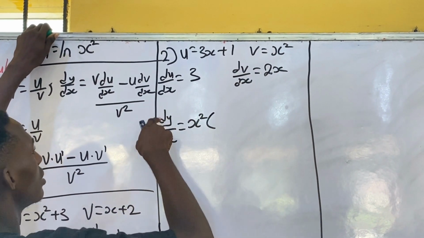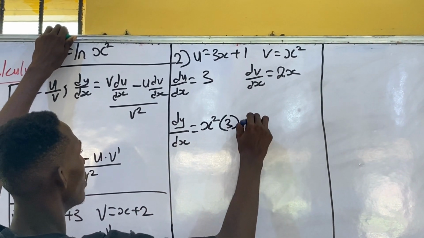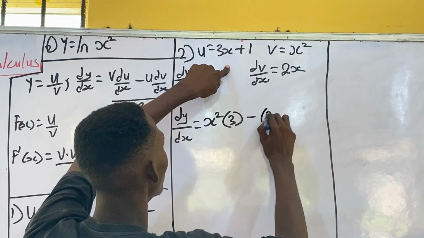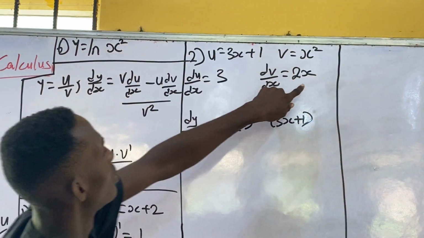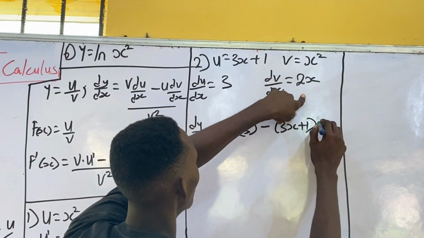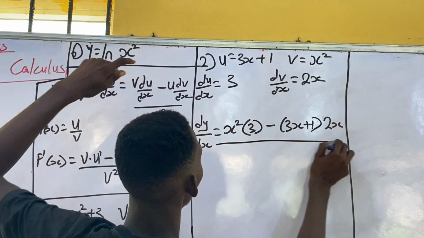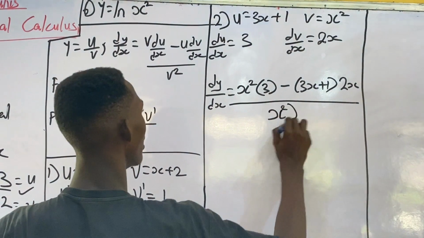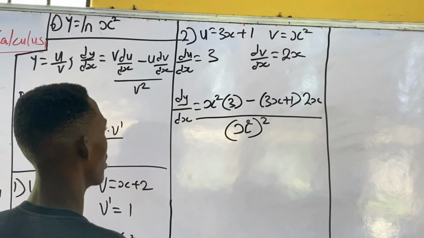times du, which is 3, minus u, which is, let me put it in bracket, (3x plus 1), times dv, and that's 2x. Everything all over v squared. So this is x squared, squared. Then we can now expand.